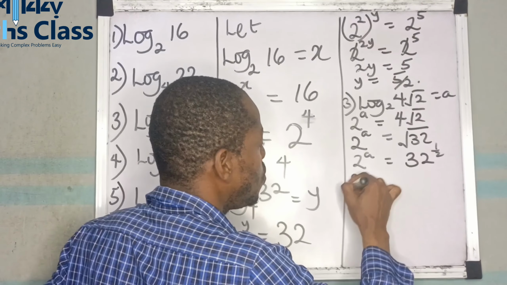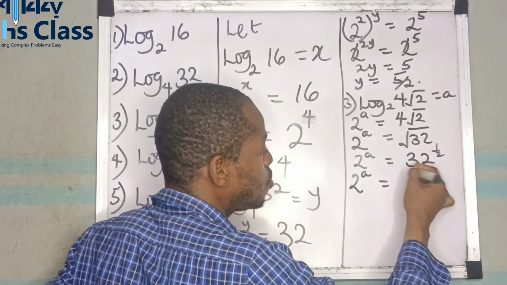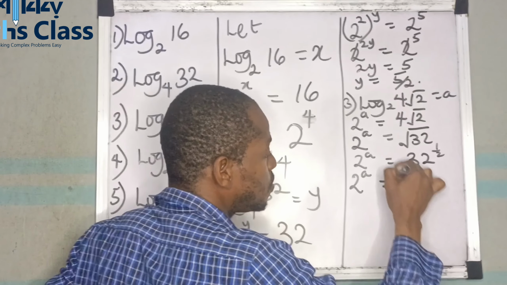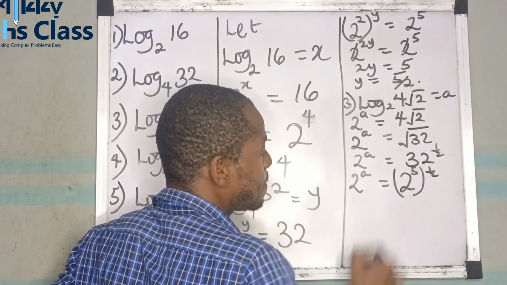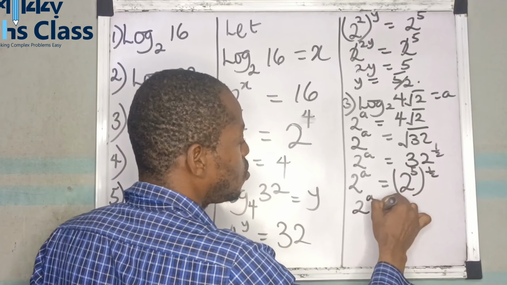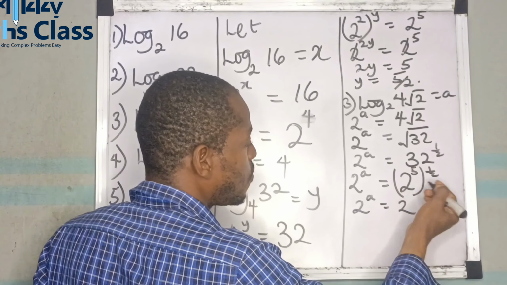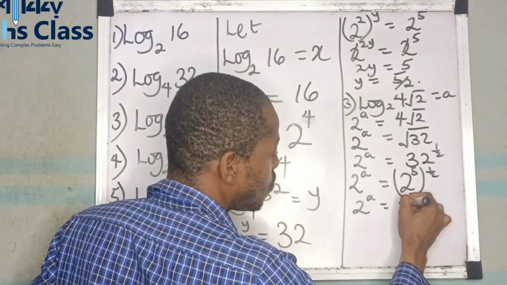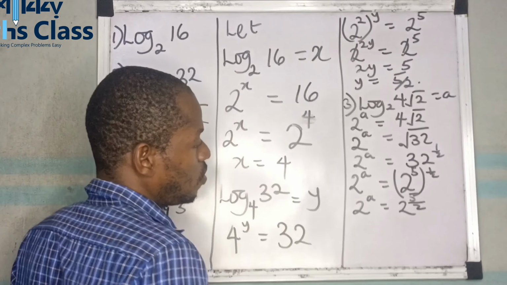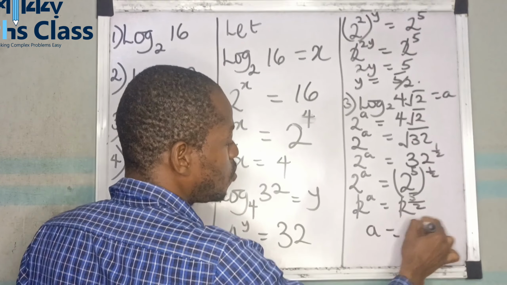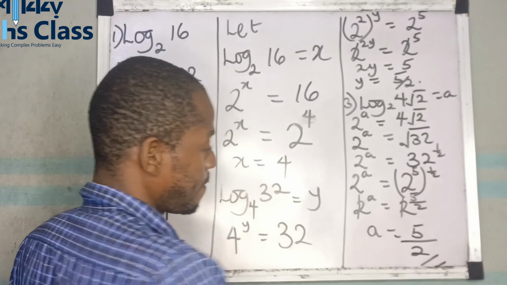So 2 to the power of a equals 2 to the power of 5 times half, which is 5 over 2. So from here, the base will cancel out. That means our a equals 5 over 2.